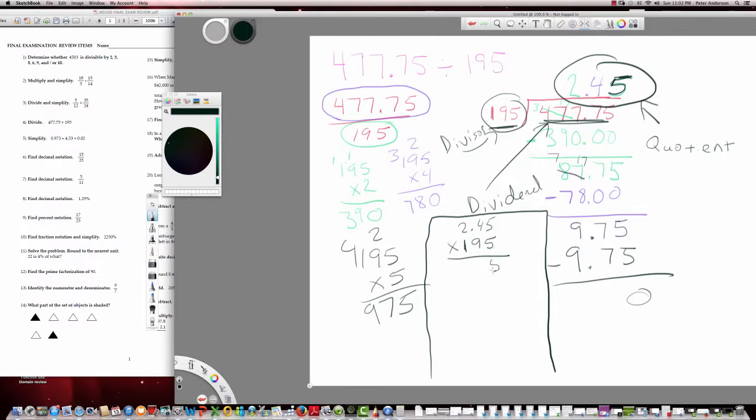All right, let's just do this. 5 times 5 is 25. Carry the 2. 5 times 4 is 20 plus 2 is 22. Carry the 2. 5 times 2 is 10 plus 2 is 12. Okay. Now I'm going to work with the 9 here, so I'm going to go down and put a 0. 9 times 5 is 45. I'm going to change this 2 to a 4 because now it's 45. 9 times 4 is 36 plus 4 is 40.